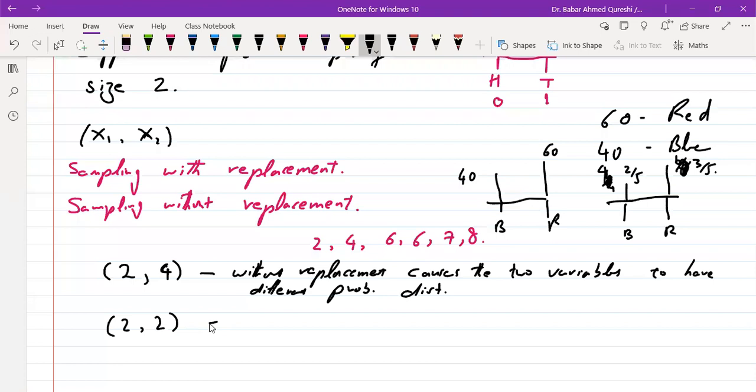Sometimes you do it with replacement, sometimes without replacement. Practically speaking, when you have a large population and you are selecting people from there, for example for a survey, then you are not replacing, because you have chosen one person, you do not go to him again, you choose someone else. So many times you are doing it without replacement, practically speaking.